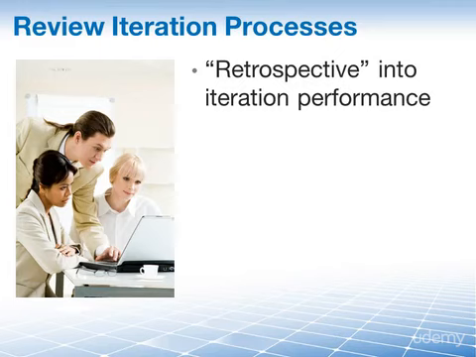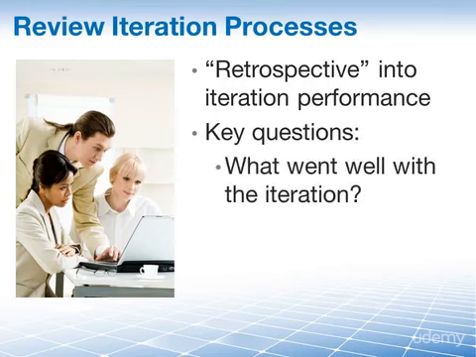This is often referred to as an iteration retrospective, and these important iteration meetings allow your Agile project team to revise development processes and team interactions before starting the next iteration by having the project team members answer the following 3 questions. First of all, what went well with the iteration?